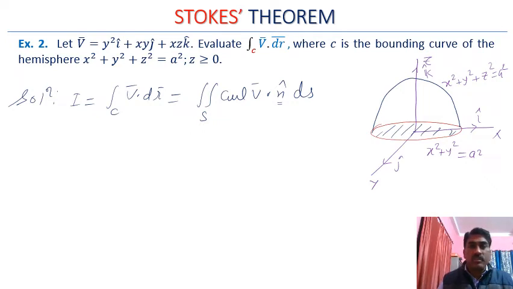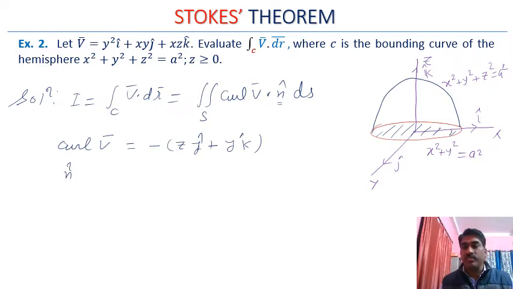So let us find curl v, and we have done a lot of questions on curl v, so I hope you can find it easily. This comes out to be minus z j plus y k.